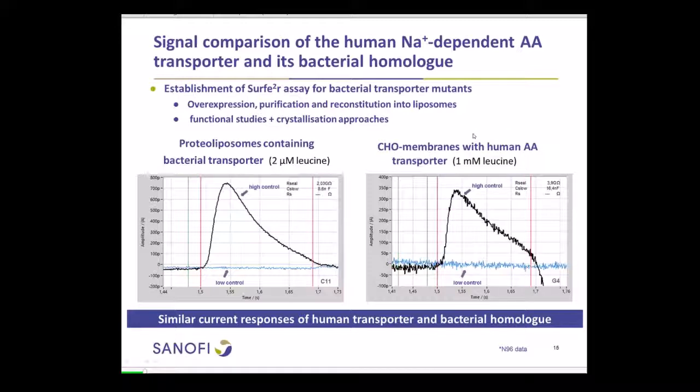We also try to establish some structural biology approaches, but it's not really possible so far to crystallize this transporter.